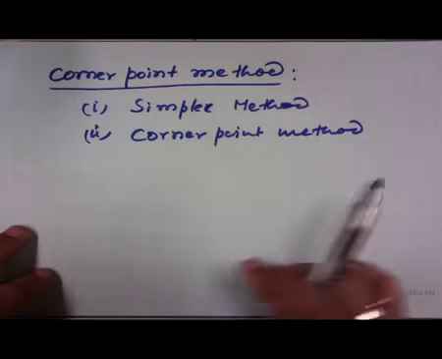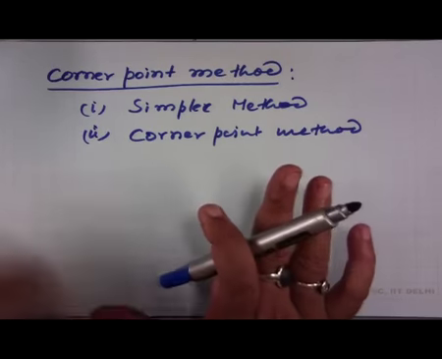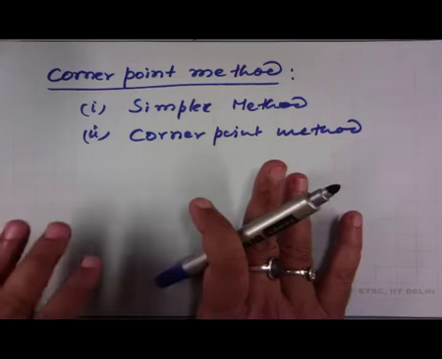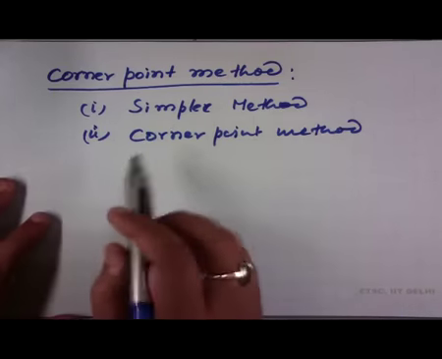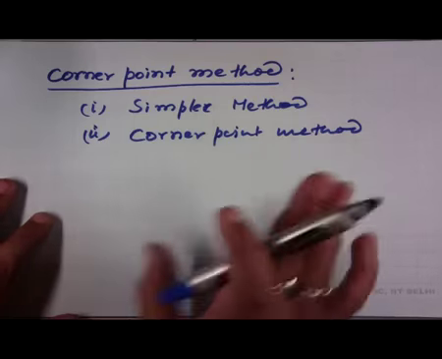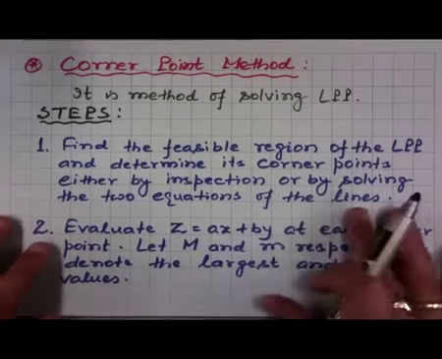The simplex method is useful when the number of variables is more than 2, and the corner point method is very convenient when the number of variables is very small, meaning 1 or 2. So, we discuss only the corner point method here. Steps of the corner point method.